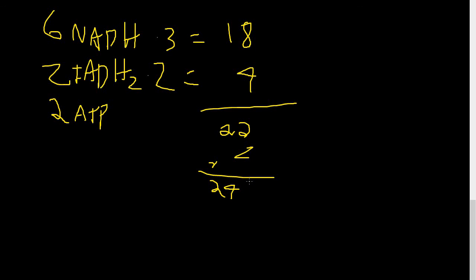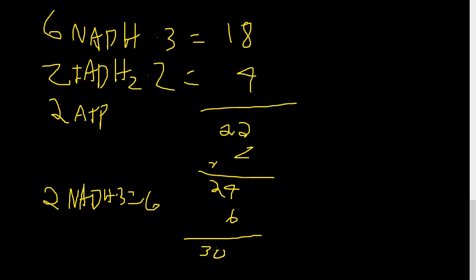However, if you then do recall, we did produce 2 NADH as well in the glycolysis stage. So 2 NADH times 3 is 6. So then you have 30. And so that forms 30 ATP.